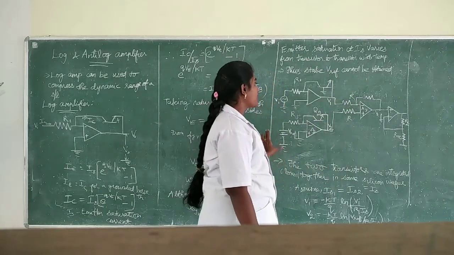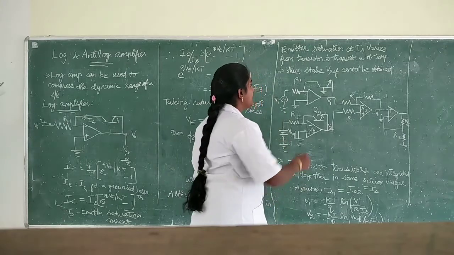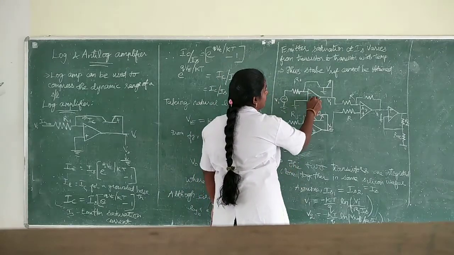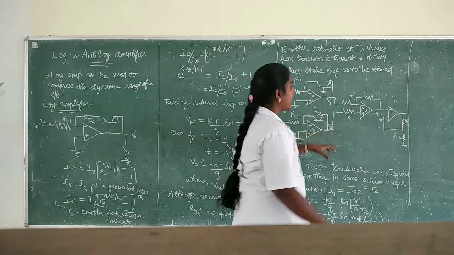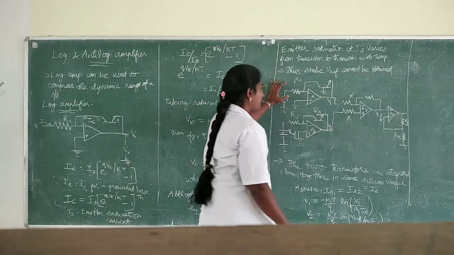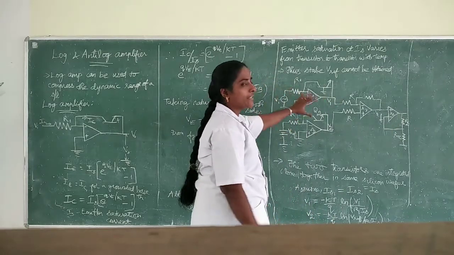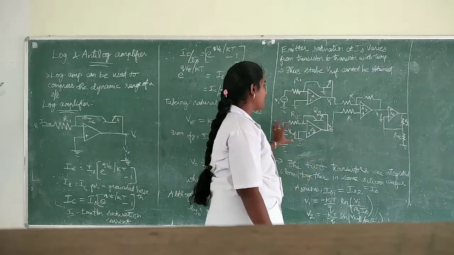So we go to this circuit diagram. Here we have 4 amplifiers, A1, A2, A3, A4, and this is the log amplifier.